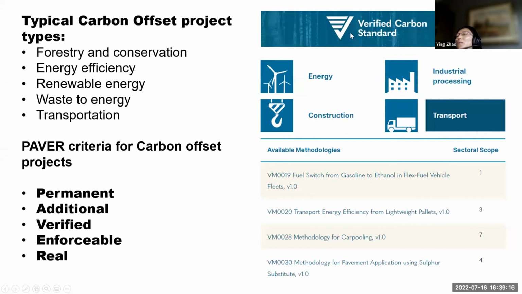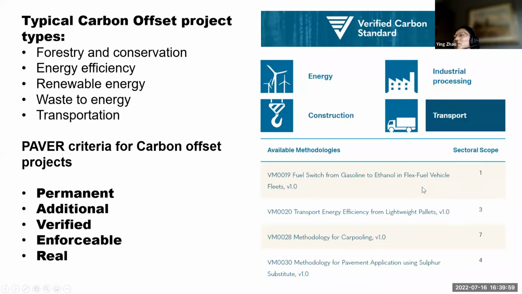For example, the Verified Carbon Standard is probably the number one widely used carbon offset project standard. It has a lot of categories for project types. For transportation, they have methodologies for carpooling, which is considered carbon offsets because it reduces the use of vehicles, and fuel switching from gasoline to ethanol.